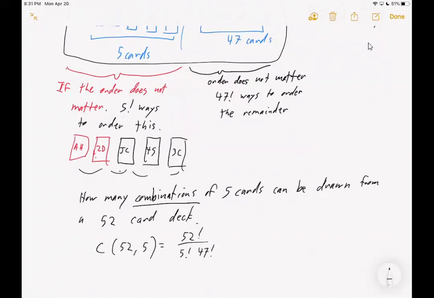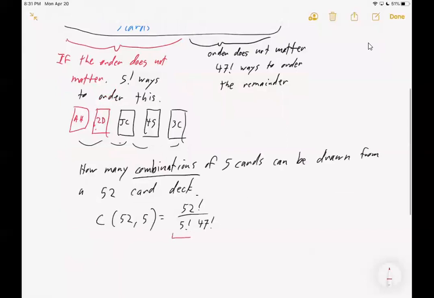Okay, so the first part of this is the 5 cards that we did draw, but we're not worried about the order in which they came out. So we divide by the 5 factorial ways that could have happened. And the second pile here is the pile that we didn't use, and there were 47 factorial ways those could be sorted. So we take the total number of ways the deck could be sorted and divide by those 2 things to find the number of combinations.